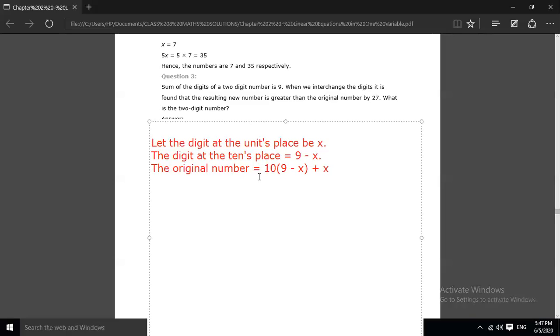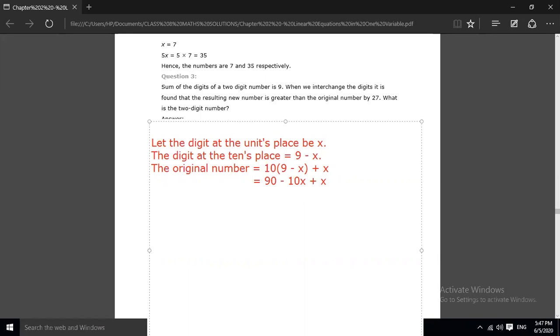This is the original number. It equals 10 into 9, which is 90, minus 10x, plus one more x.